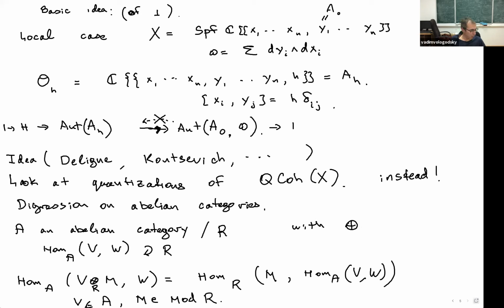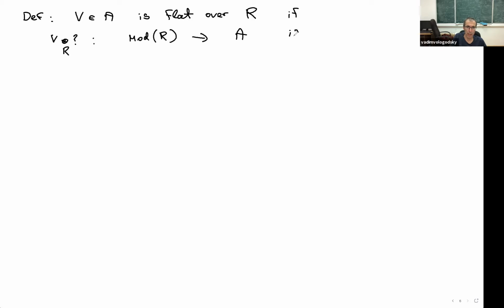Now, using this, I can tell you what it means for an object V in A to be flat over R: if the functor V tensor product over R, from modules over R to A, is exact.